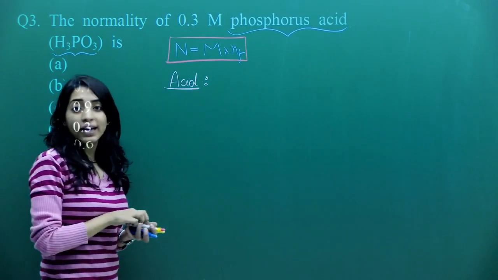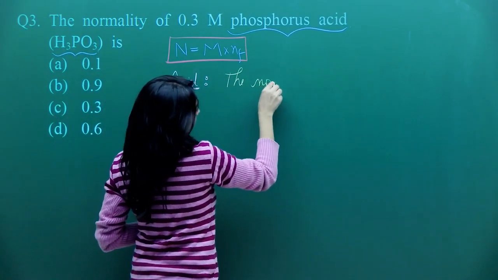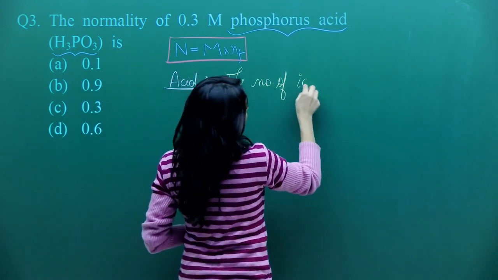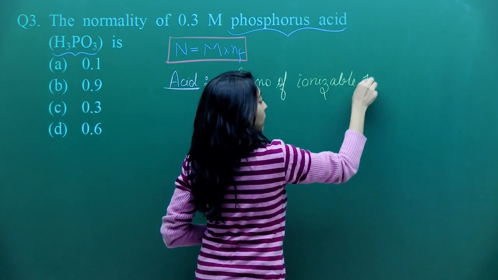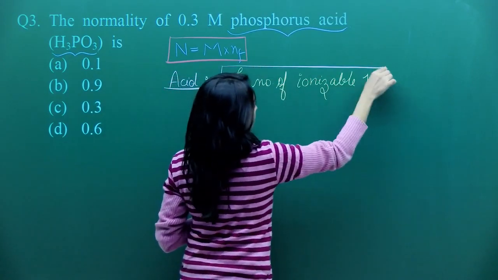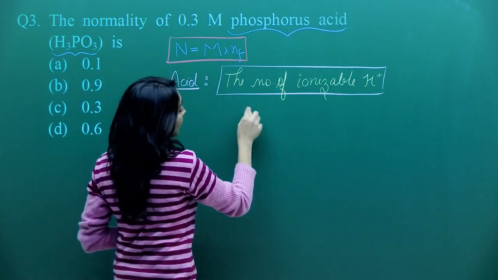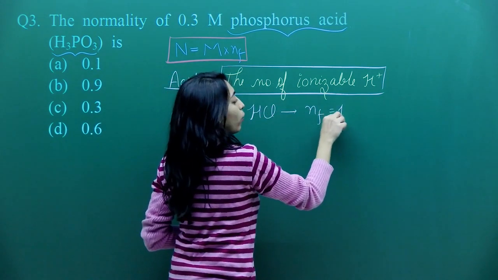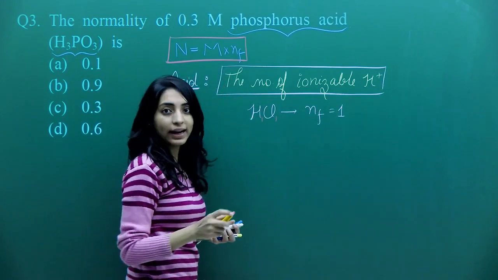For acids, the n factor is basically defined as the number of ionizable H plus, the number of ionizable protons. For example, consider HCl. The n factor will be 1. Why? Because here I have written H1Cl1, right?